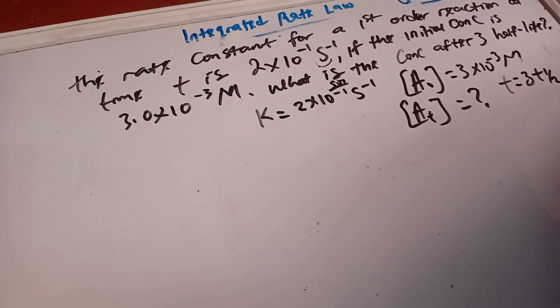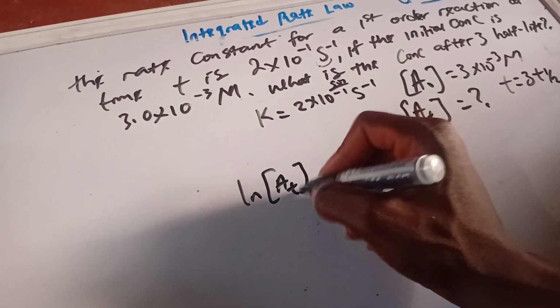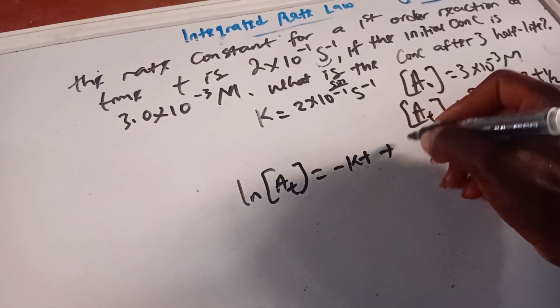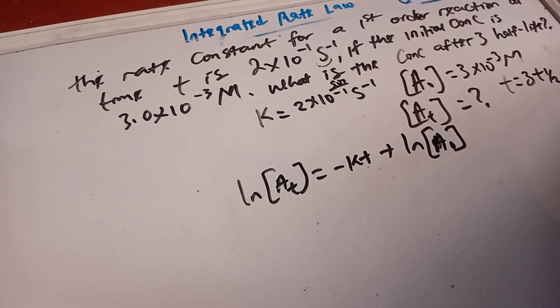Here we have ln A_t equals minus kt plus ln A naught. Are we together?